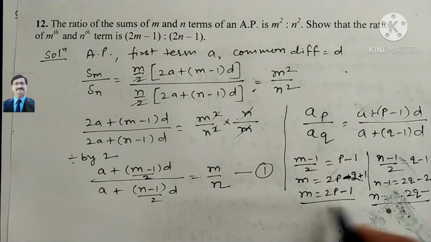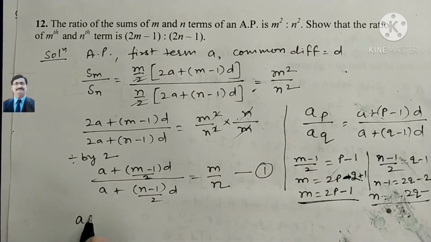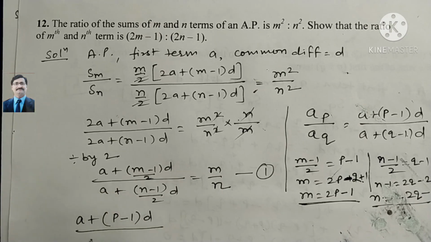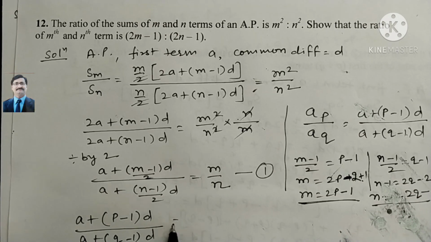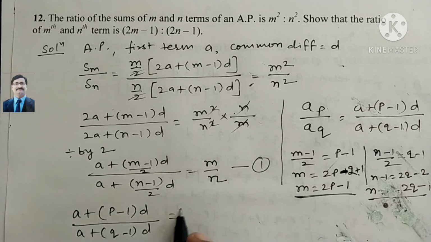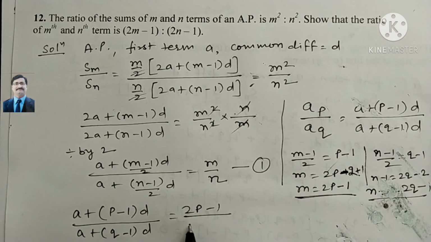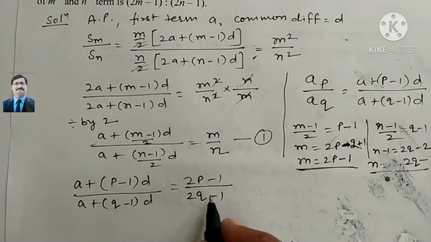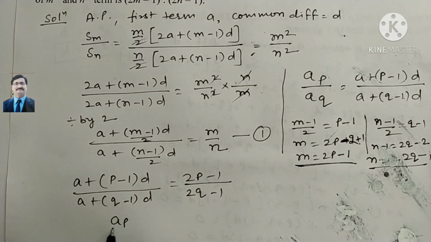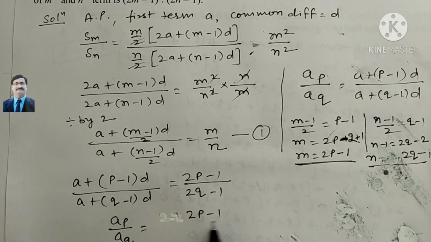These values of m and n we will put here, we get a plus p minus 1 into d upon a plus q minus 1 into d, and this is equal to, in place of m we write 2p minus 1 and here 2q minus 1. This is our ap term and this is aq term, and we have 2p minus 1 upon 2q minus 1.